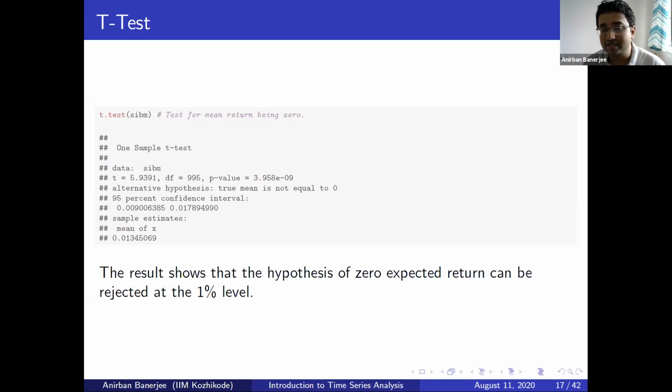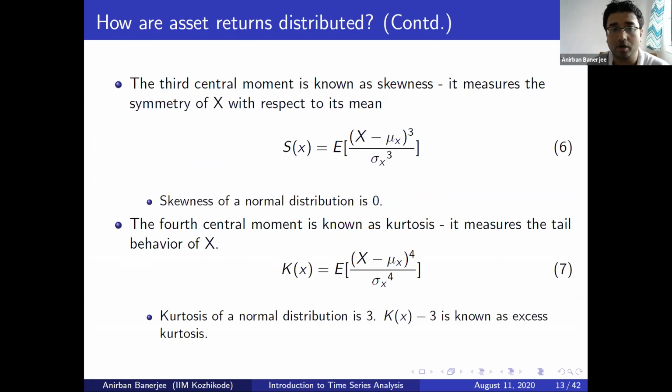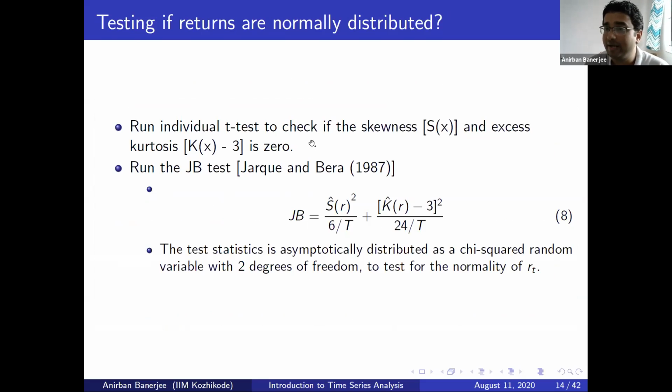What we are saying is that based on whatever we have seen so far, at least we can say the mean returns are statistically different from zero. This is definitely not zero. Okay. So now, as you remember, we can run individual t-tests to check if the skewness and kurtosis are zero.